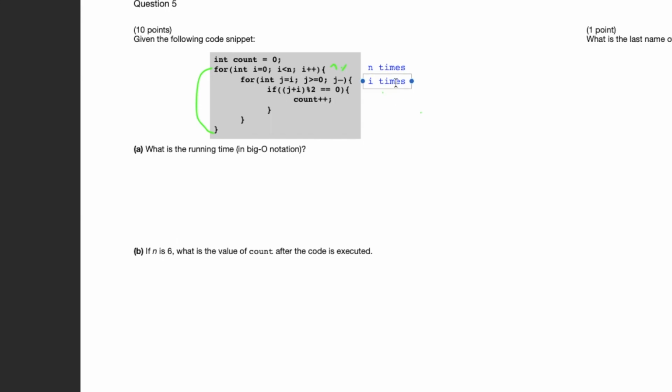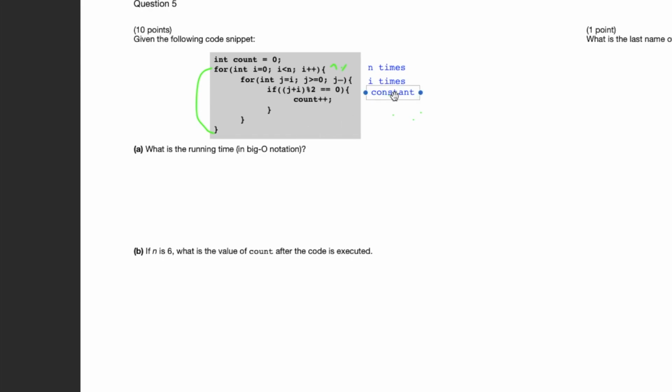And remember what we said is that usually with if statements, we just assume we're going to do all that work every time, at least in most cases. So in this case, we're going to say it's a constant amount of work. So if we have something inside a loop that runs i times, and we run n of them, what's our running time?